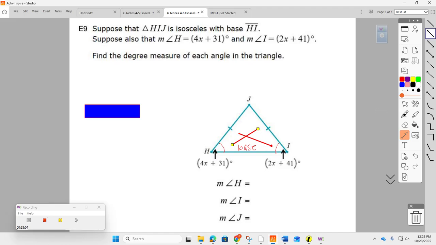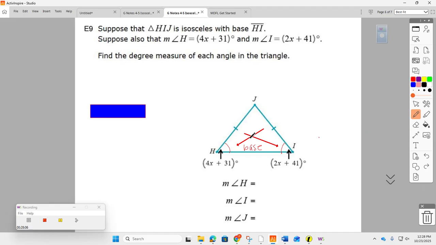So, that being said, if we want to find the degree measure of each angle in the triangle, we don't have any number except for the magic number 180, right? And we know that all three angles together equal 180. We know that the measure of angle H can be written algebraically as 4 times x plus 31, and the measure of angle I can be written as 2 times x plus 41.